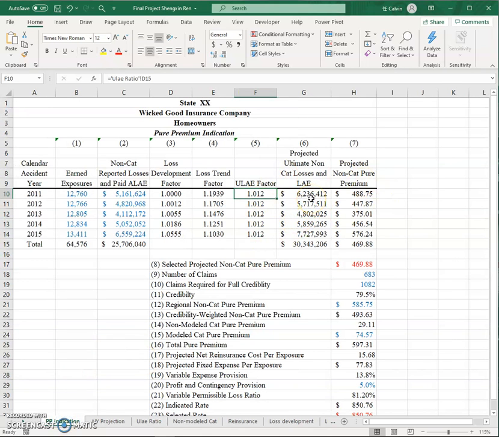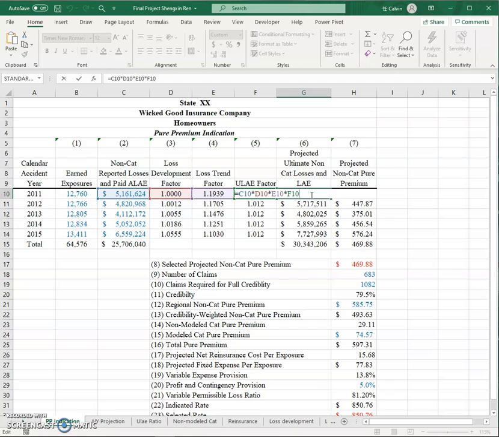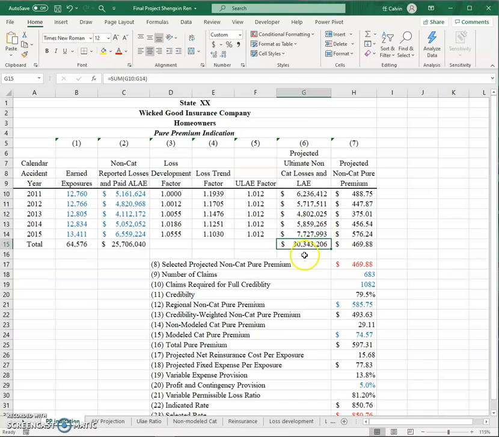And now we can calculate the projected ultimate non-catastrophe losses and LAE. We use the non-catastrophe reported losses and paid ALAE times the loss development factor times the loss trend factor and times the ALAE factor. And also same for the rest. And then we calculate the total number.